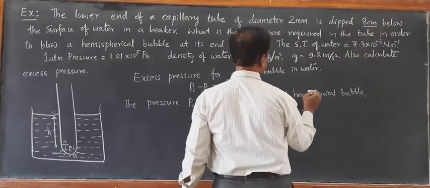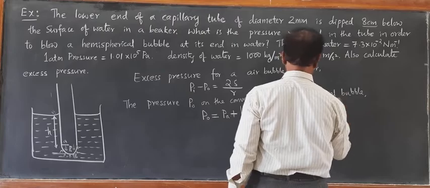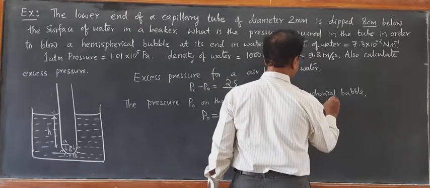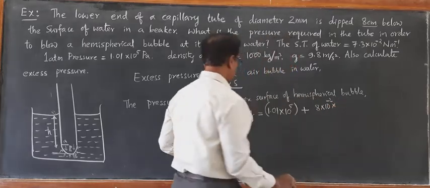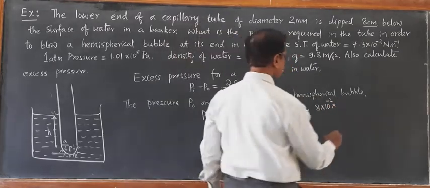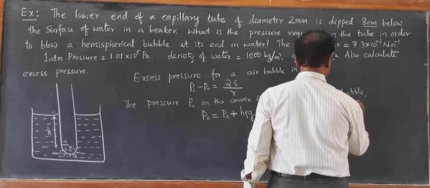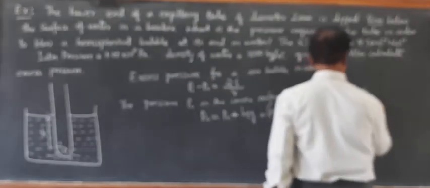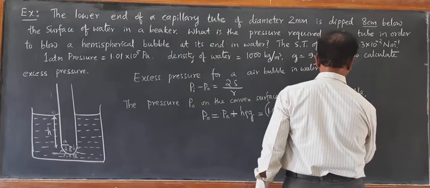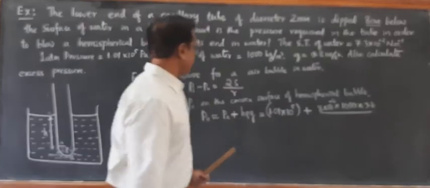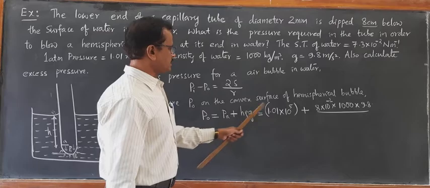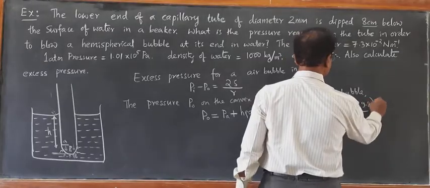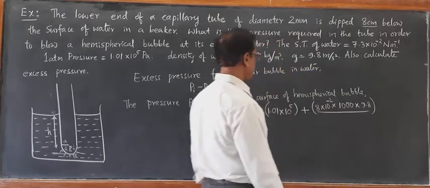So you can write h is equal to 8 centimeter, which can be written as 8 into 10 to the power of minus 2 meter. Rho, density of water, 1000 into 9.8.